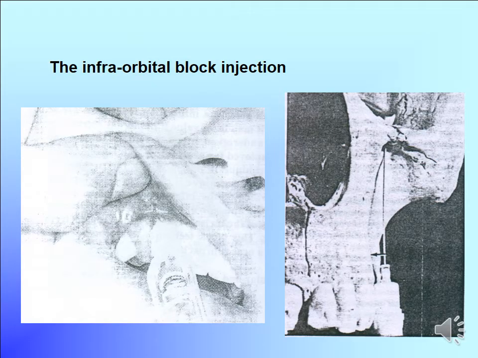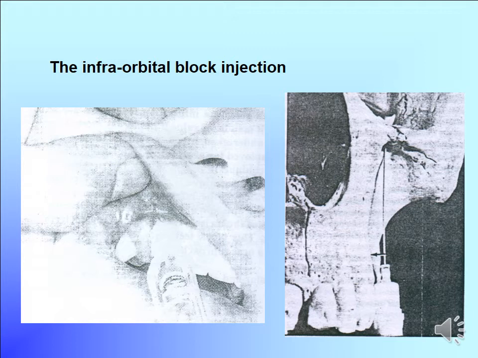We have a block injection called the infraorbital block. The infraorbital block injection can be done simply by the dentist by inserting a long needle in the deep vestibule between the canine and premolar, or between two premolars, and going upward.